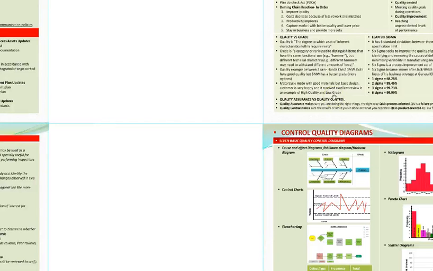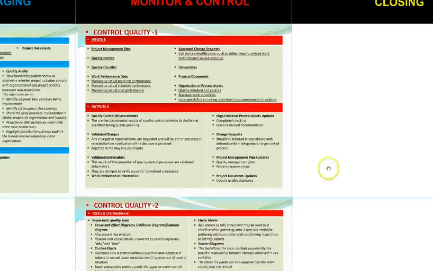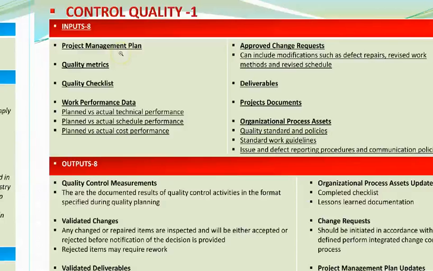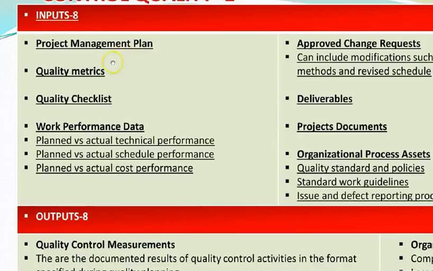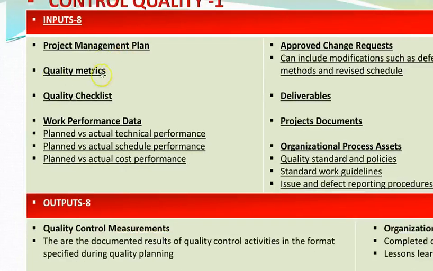What are the inputs for quality control? Now we have 8 inputs, which is project management plan, quality metrics, quality checklist, work performance data, approved change request, deliverables, project documents, and organization process assets.